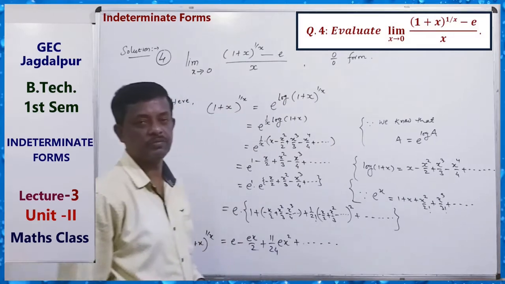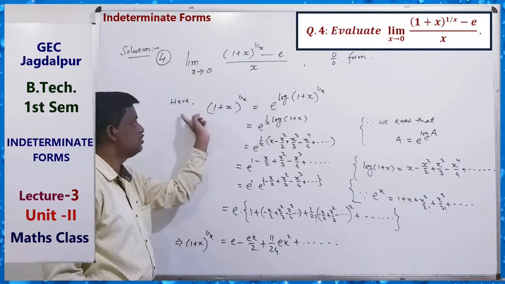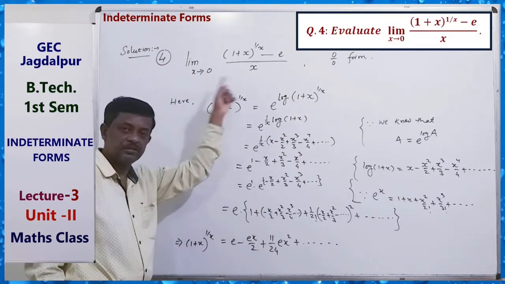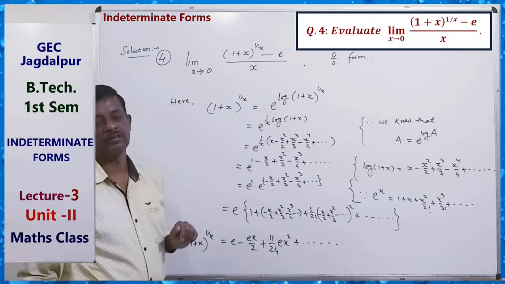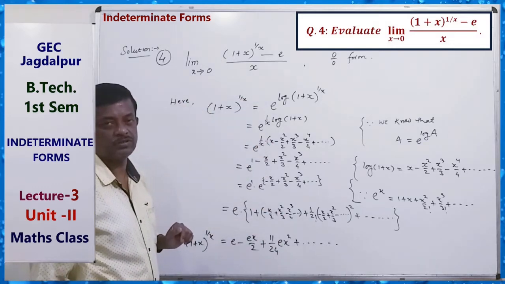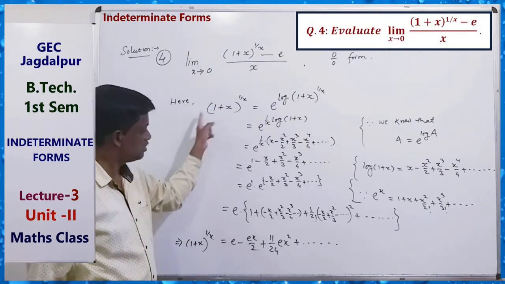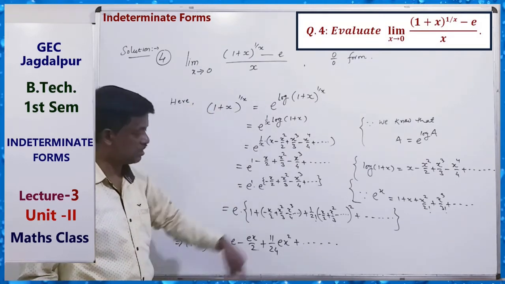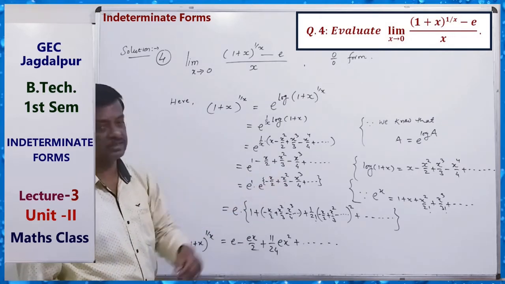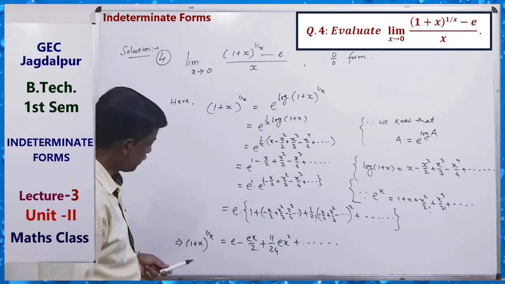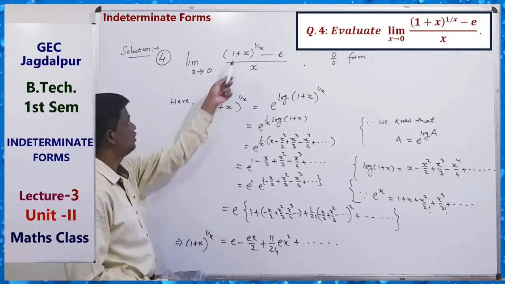For solving this, we use the series method, not direct L'Hospital rule. Series expansions are used here, log 1 plus x and the exponential. Okay, now use this value here.